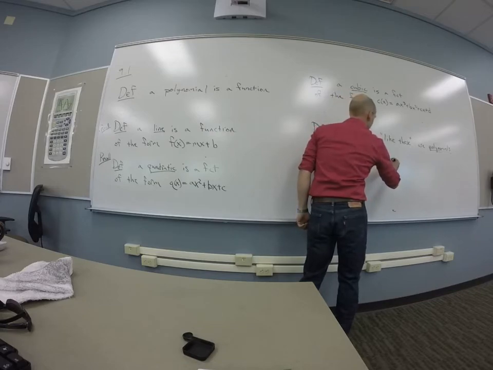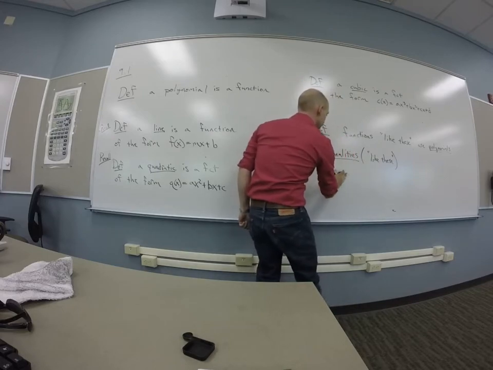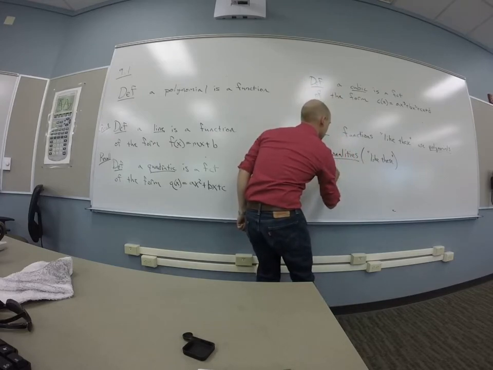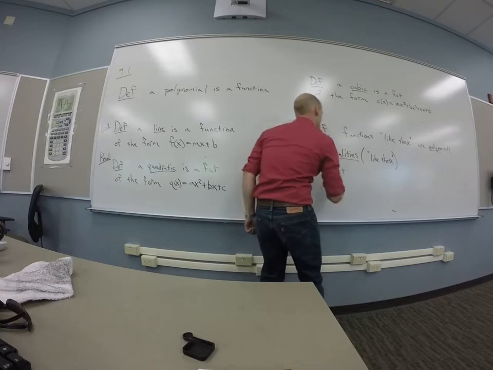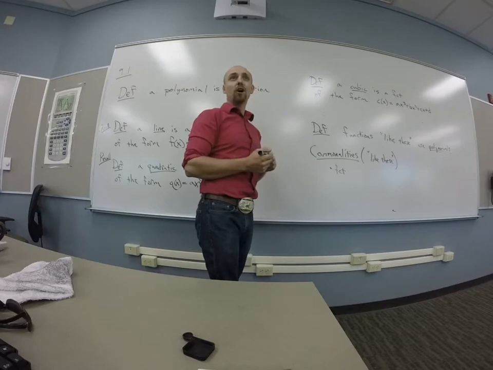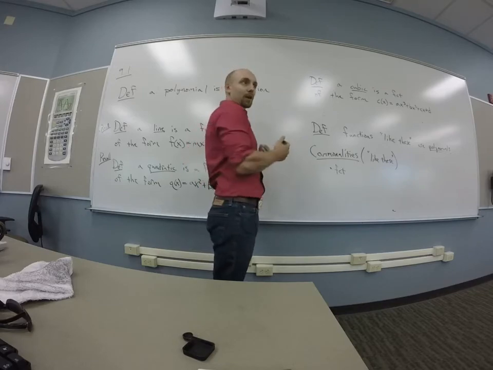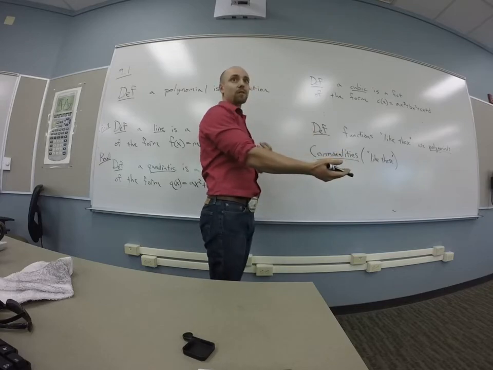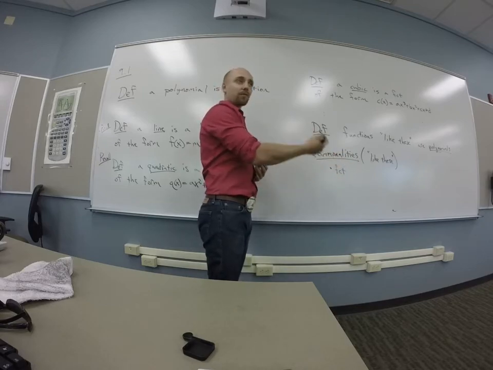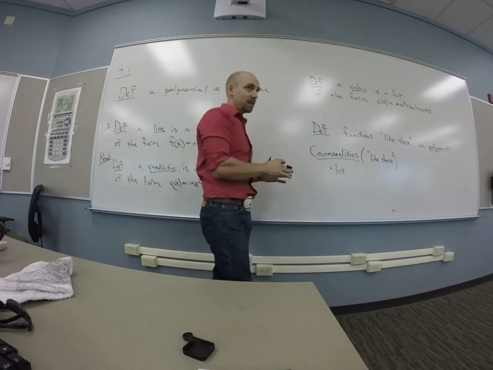You guys with me on that? So let's see. There's a function, right? If I'm going to say it's a function at all, it better be a function to start with. Right? So it's got inputs and outputs. There's some kind of a rule associating those. But these rules are particularly easy.